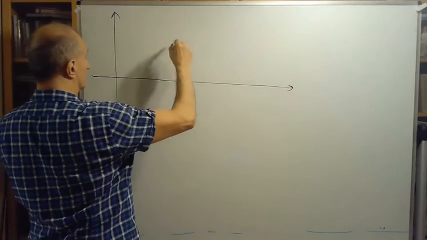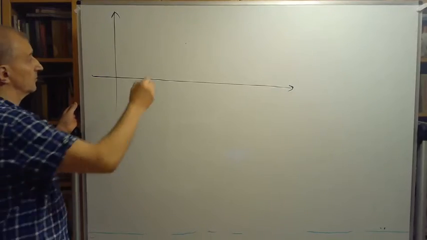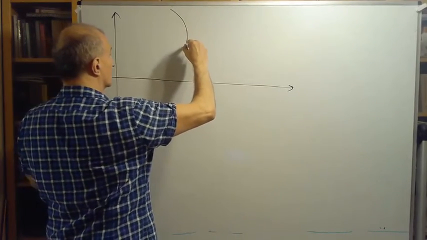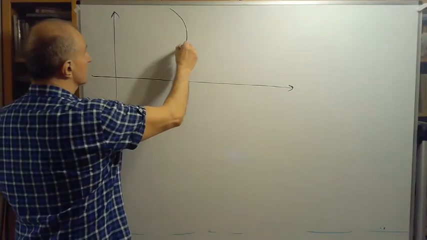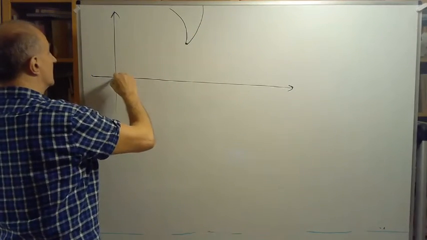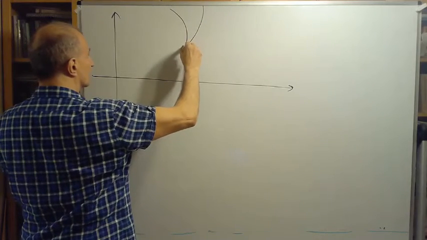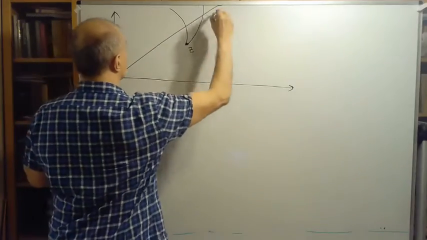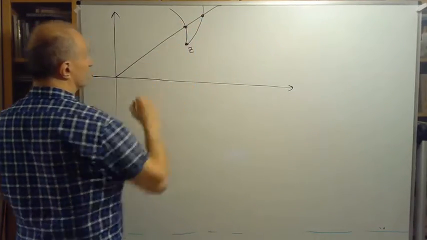So for instance, we have two curves intersecting, and we select some points that lie close to the point of intersection. We call this point of intersection Z, and we will draw a line, and there will be points close to point Z. Why close?